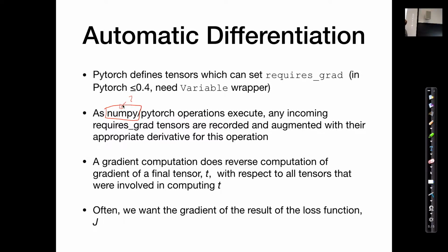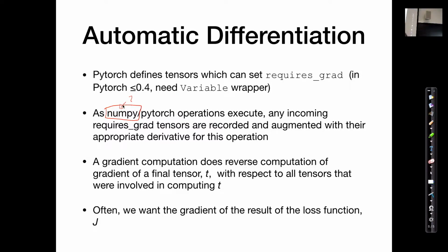And then for a gradient computation, you do reverse computation of the gradient of some final tensor, right? You did a bunch of calculations on tensors, and what do you end up with? A tensor, right? Even if it's a single numeric value, it's still a tensor. And so then you say, I want the derivative with respect to that tensor.